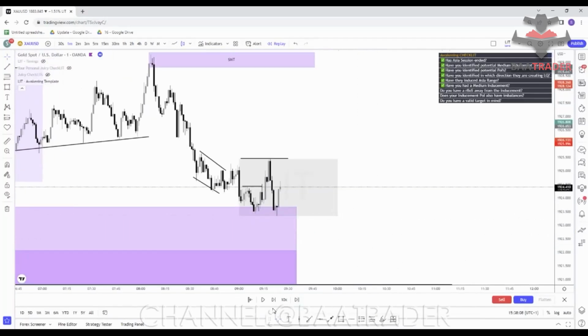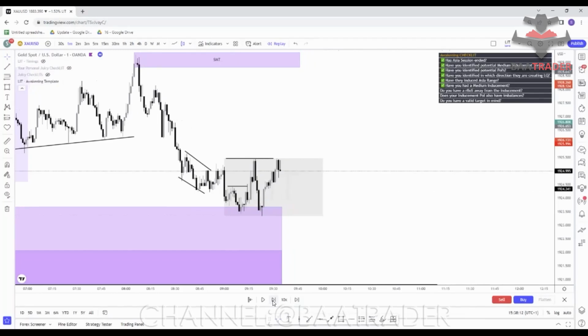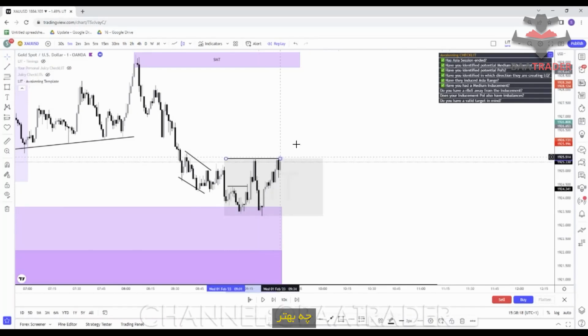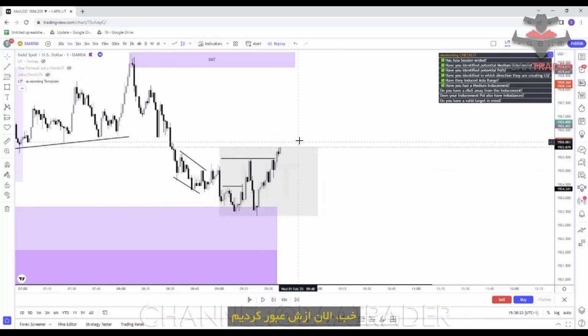Perfecto. Ooh, okay, we're getting double tops or resistance, whatever you want to call that. Even better. We've already broken through, so I'm pretty happy with that as my POI for an entry.